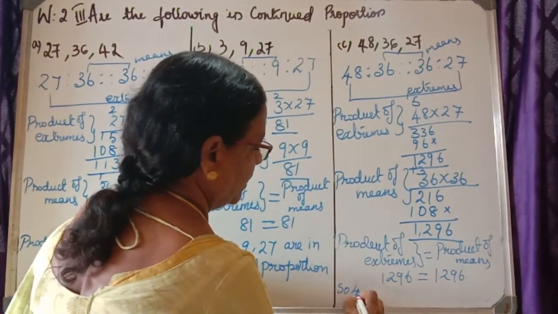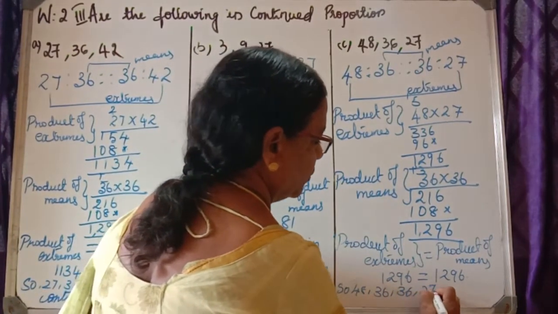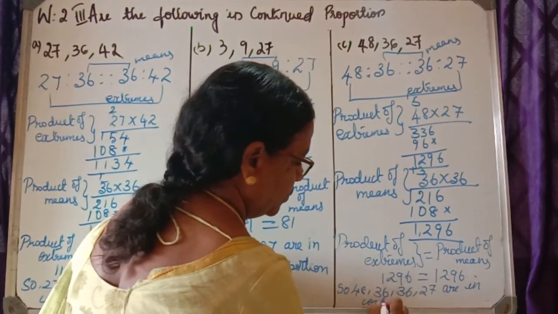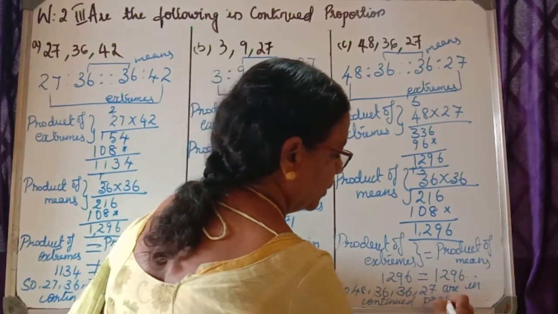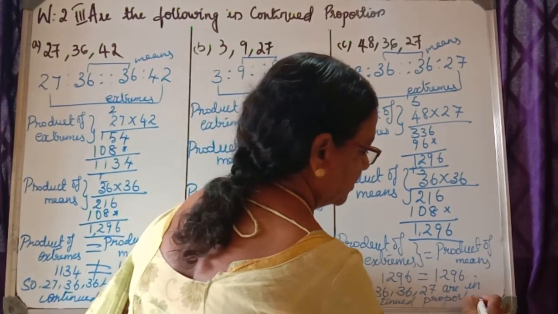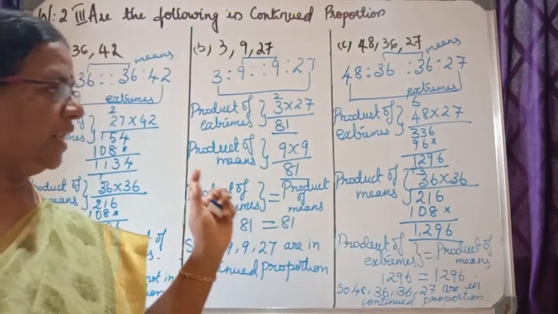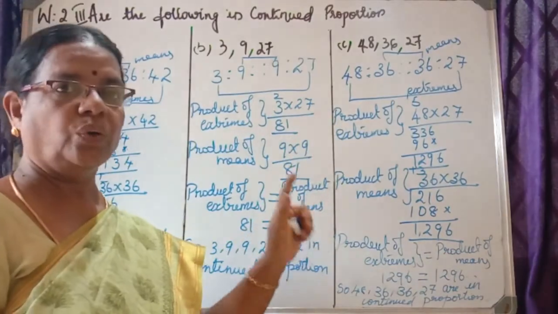So 48, 36, 36, 27 are in continued proportion. Now in this main there are 4 sums, children. I solved 3 sums. The 4th sum you please do as homework.